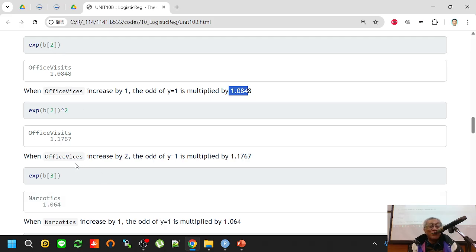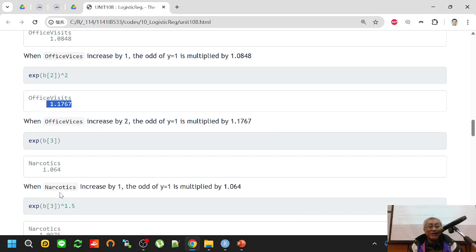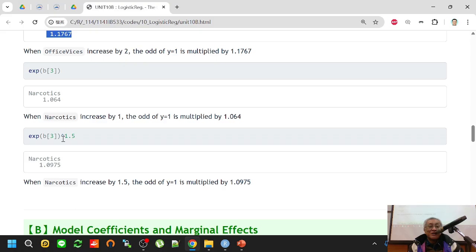And when it increased by 2, because it's multiplication, right? So you need to square the 1.848, which is equal to this thing, right? And if this variable, right, its coefficient is here.